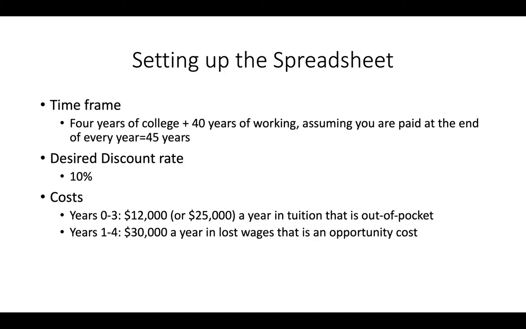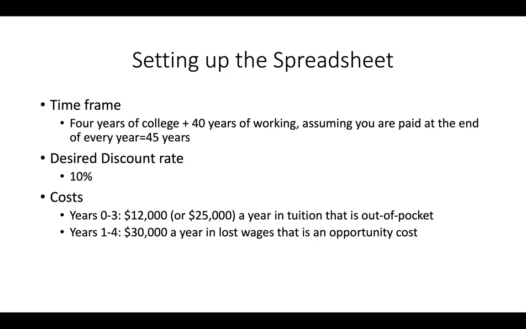So some of you are getting messed up with counting the years and trying to figure out, well, when does this stuff actually occur? In this case, I told you in the problem that it was after the fact. So for year 0, you could have gone to college for a year or you could have worked. But if you go to college, you pay the money up front. And if you work, you don't get paid till the very last day of the year, which is essentially only one day different than the first day of the next year.